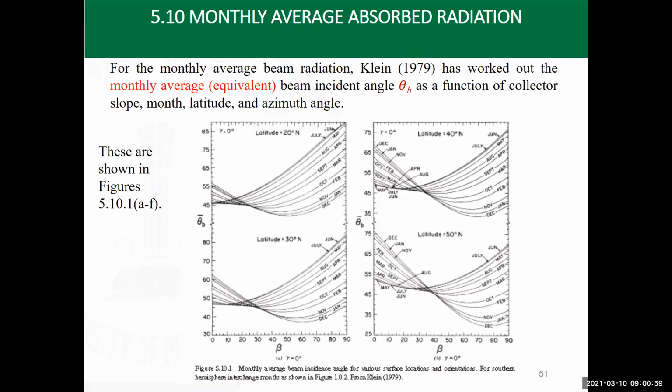What you see here in front of us is A and B, and then the next figures show the same results of theta B for latitudes of 20, 30, 40, 50 degrees north, for gamma equal to plus or minus 30 or plus or minus 45. So we're talking about a change in the azimuth angle for the solar collector as well. It's not necessarily due south as you can see here, but this value of gamma can change and the corresponding values of theta can be obtained.